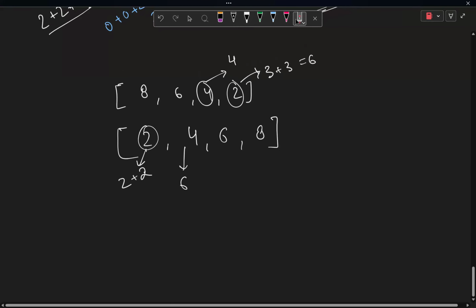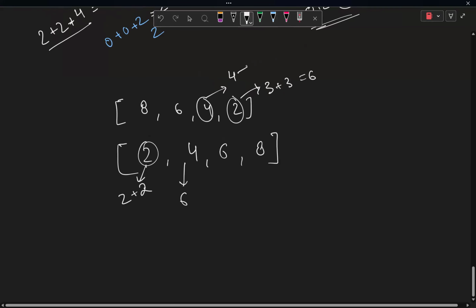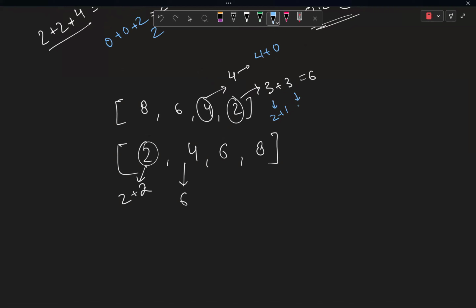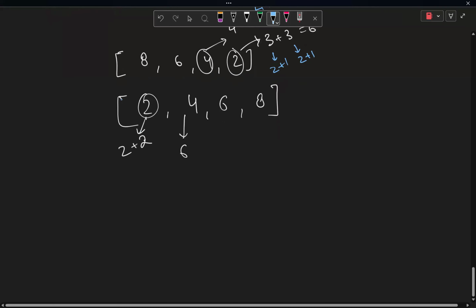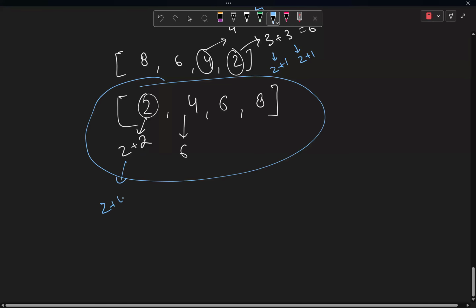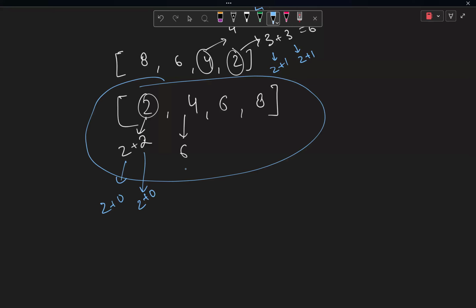See, the thing is, this 4 was nothing but 4 plus 0. This 3 was 2 plus 1. And this 3 was also 2 plus 1. Whatever we have been getting as the answer in the sorted array, this is 2 plus 0, this is 2 plus 0, this is 4 plus 2. Basically, the base price plus the inflation, base price plus inflation, and so on.